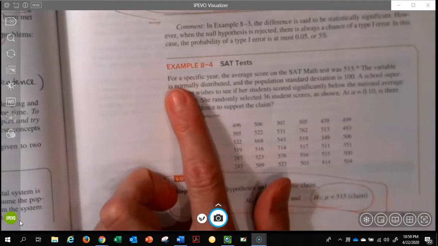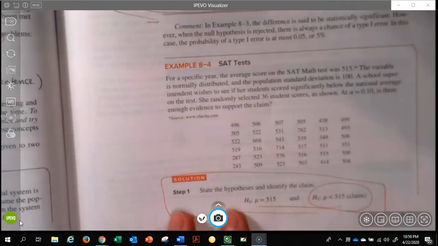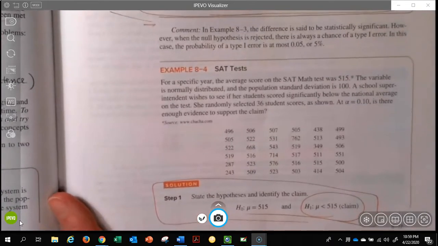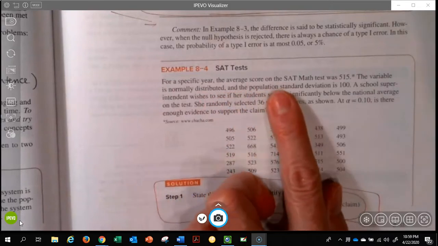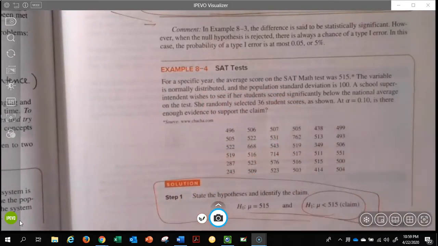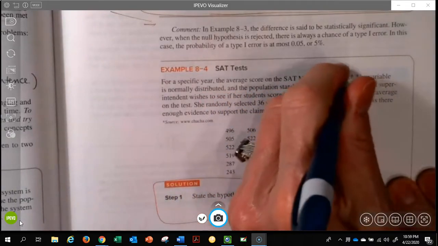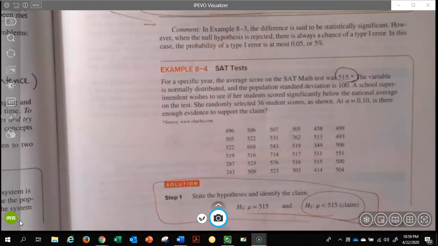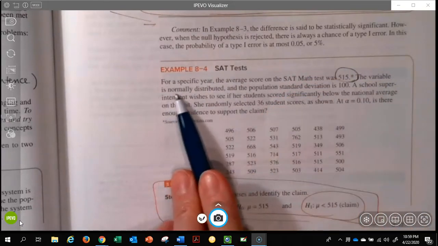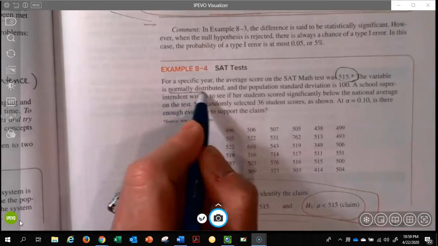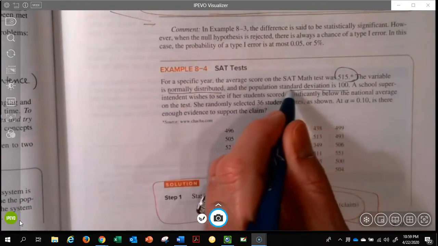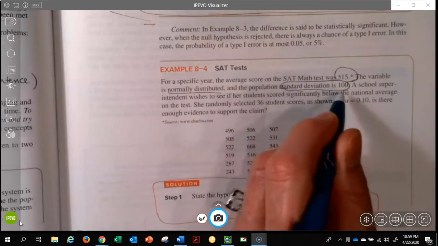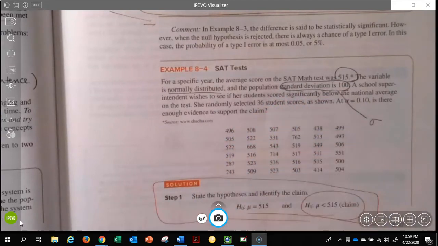So I'm on page 421, and I'm looking at 8-4, the SAT tests. For a specific year, the average score on the SAT math score was, and here's the average score. The variable is normally distributed. They've got to tell us that for all of us to work. And the population standard deviation, we have sigma.